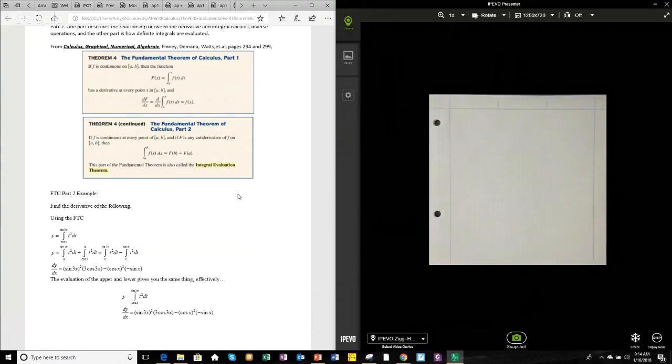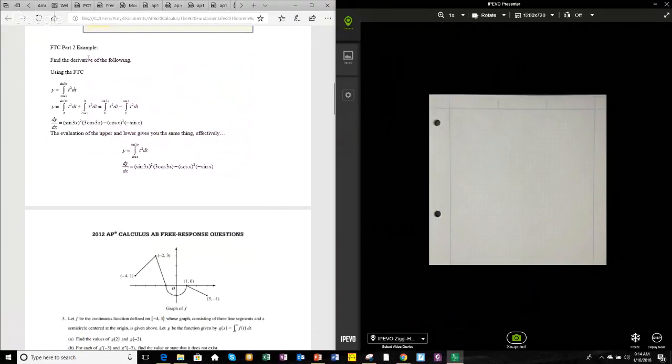All right, so I have some examples here in this packet where I take the derivative of an integral function where the limits of integration are not constants.